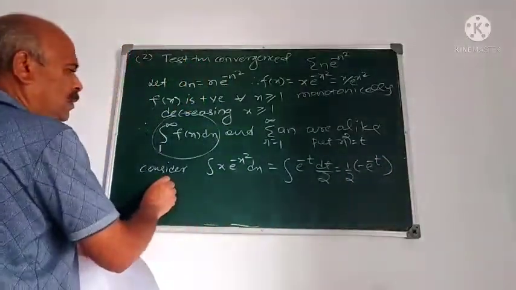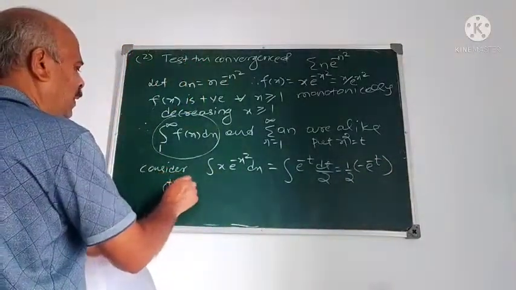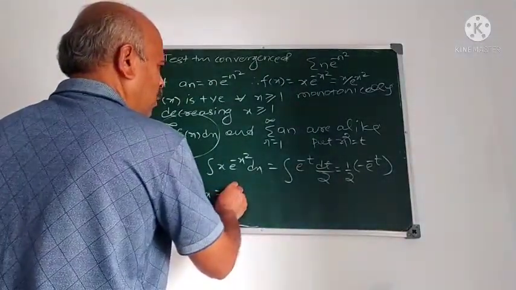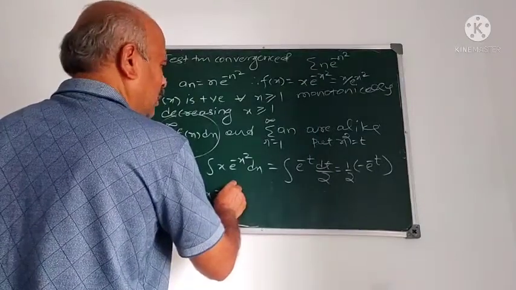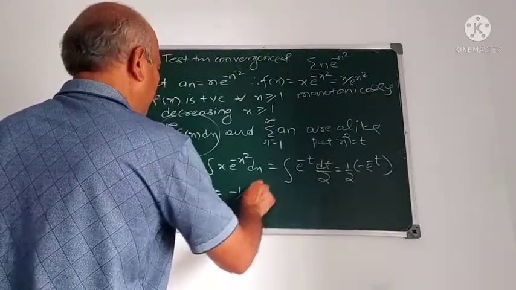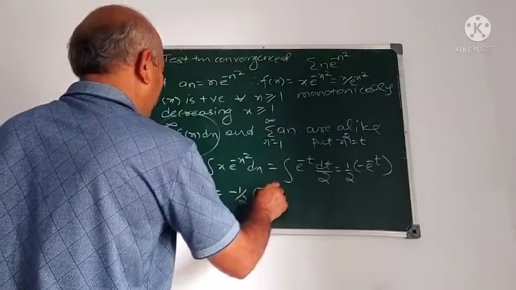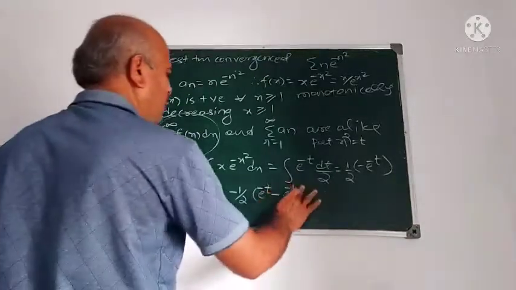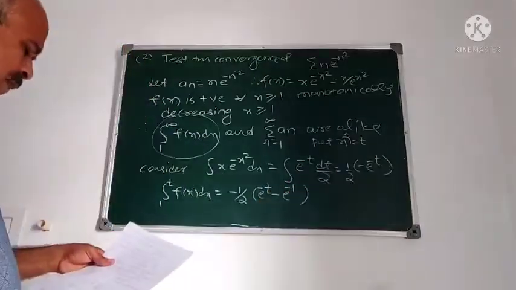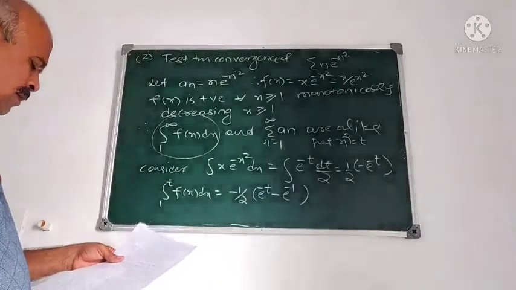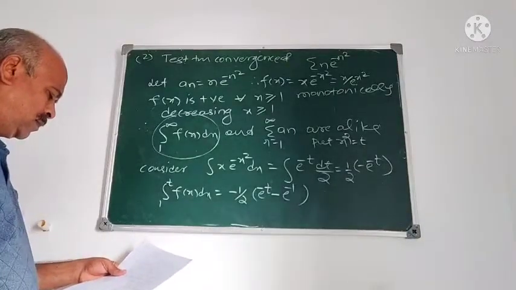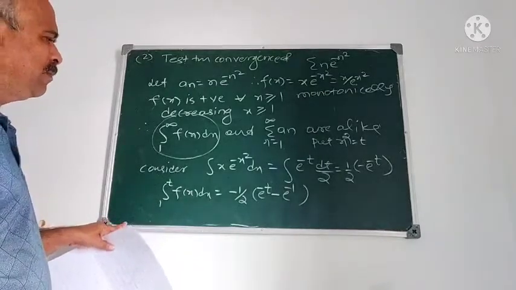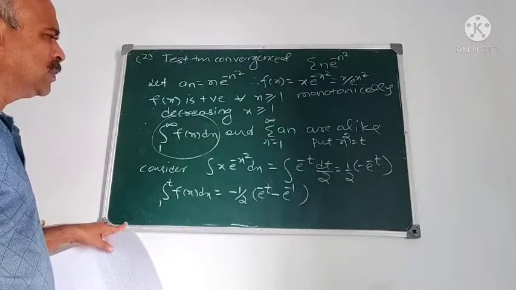Therefore, the integral from 1 to t of f(x) dx is minus 1 by 2 e raised to minus t, minus e raised to minus 1.